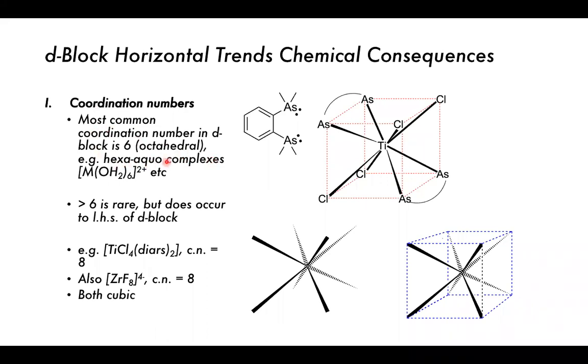For example, we have hexa-aqua complexes. Some metal is coordinated by 6 waters, which forms an octahedral complex. Typically, for example, we could have hydrated iron, which is not uncommon.